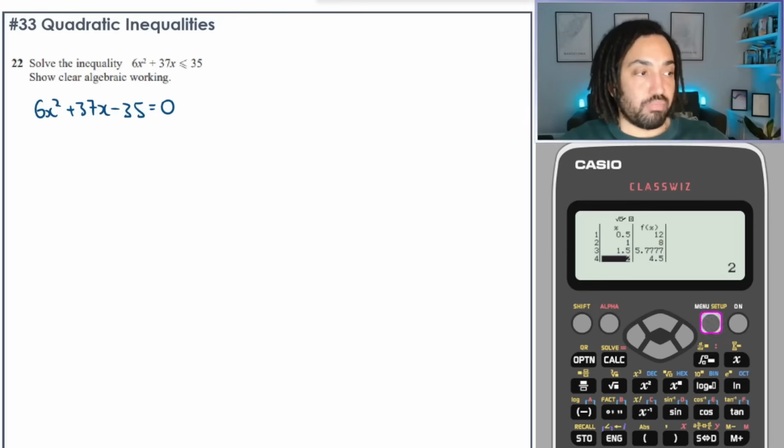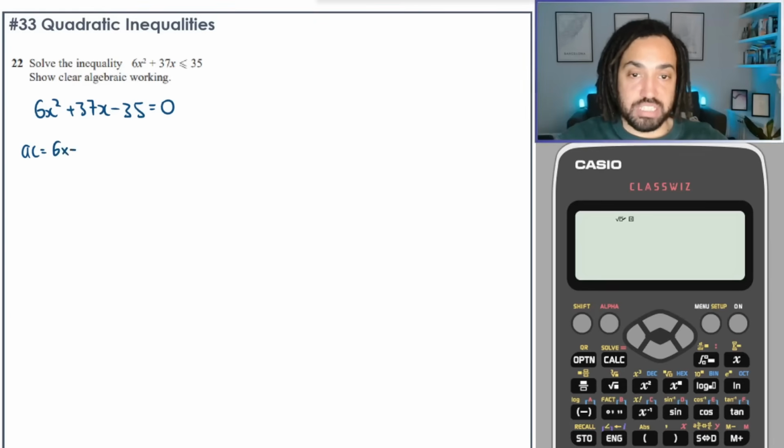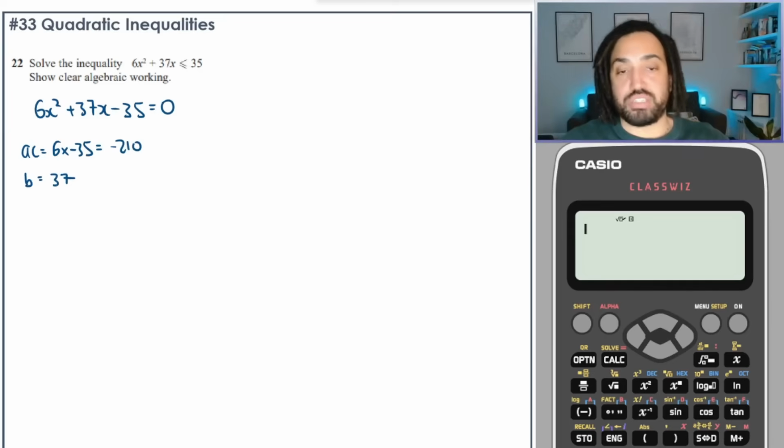In order to do that, I am going to use the AC method, which is timesing A by C, and that gives minus 210. And then I'm also going to write down what the B term is. So I'm looking for 2 numbers that times to make minus 210 and add to make 37. So the 2 numbers I'm looking for are 42 and minus 5.